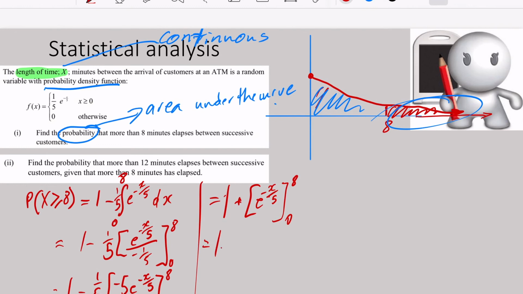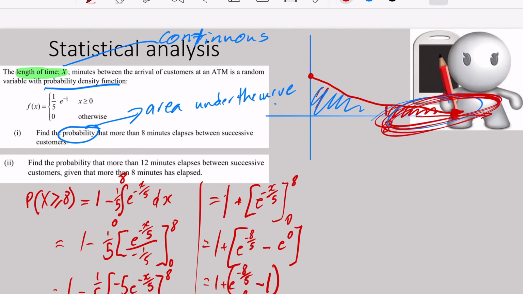Let's substitute: 1 plus e^(negative 8 on 5) minus e^0, so 1 plus e^(negative 8 on 5) minus 1, which is e^(negative 8 on 5), and that's the probability. So that's the area over here, a nice little problem.